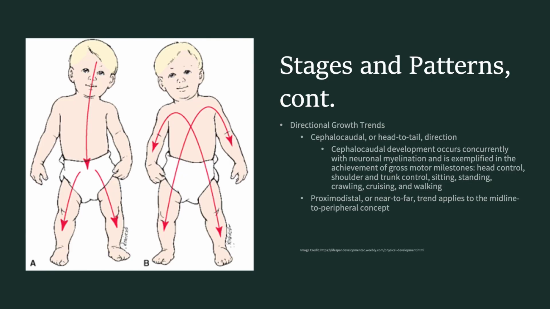Now, stages and patterns for directional growth. Obviously, we've all heard of cephalocaudal or head to tail direction. And you can see this most predominantly in utero, where the infant or fetus is mostly just a head with a tiny little body. And you're going to continue to grow like that, and also proximal distally throughout the first several years of life.